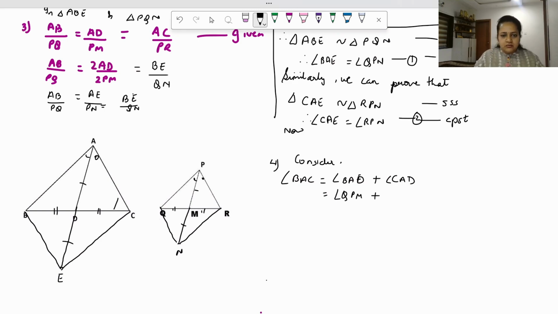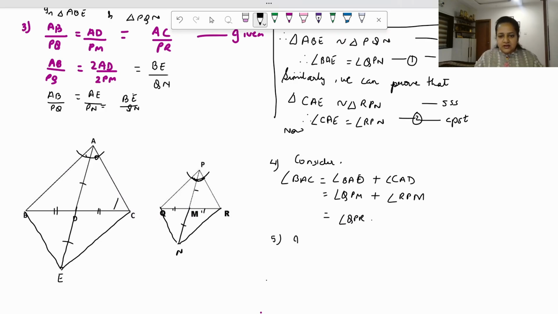We have proved it above. Similarly, CAD or CAE is equal to RPN or RPM, right? Why can we replace M and N? Because they are collinear points. Now, if you look at QPM plus RPM, it is nothing but angle QPR. So we got that these two angles are equal.